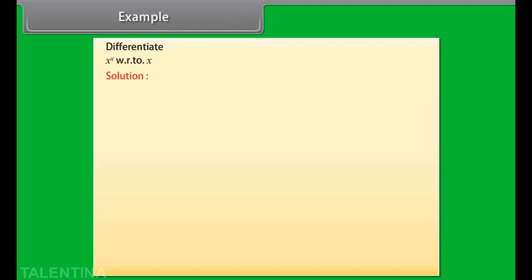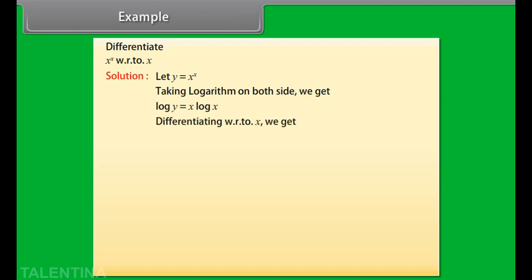Solution: let y is equal to x raised to the power x. Taking logarithm on both sides, we get log y is equal to x into log x. Differentiating with respect to x, we get 1 by y into dy by dx is equal to x into 1 by x plus log x, which is equal to 1 plus log x.